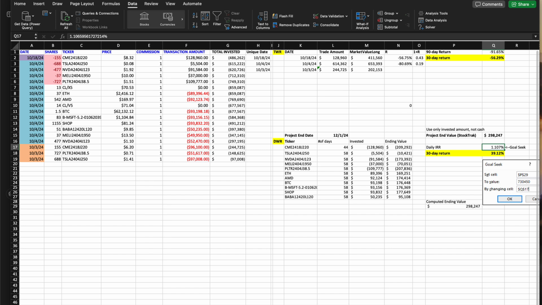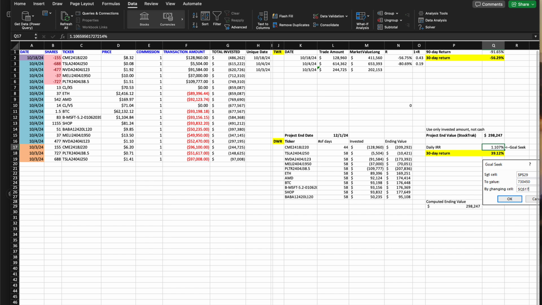To find my total TWR, you take the product of column D. Oh, wait, one second, actually. Let me back up. So, to find the TWR for the 30-day return, you take 1 plus Q1 to the power of 1/3 minus 1.